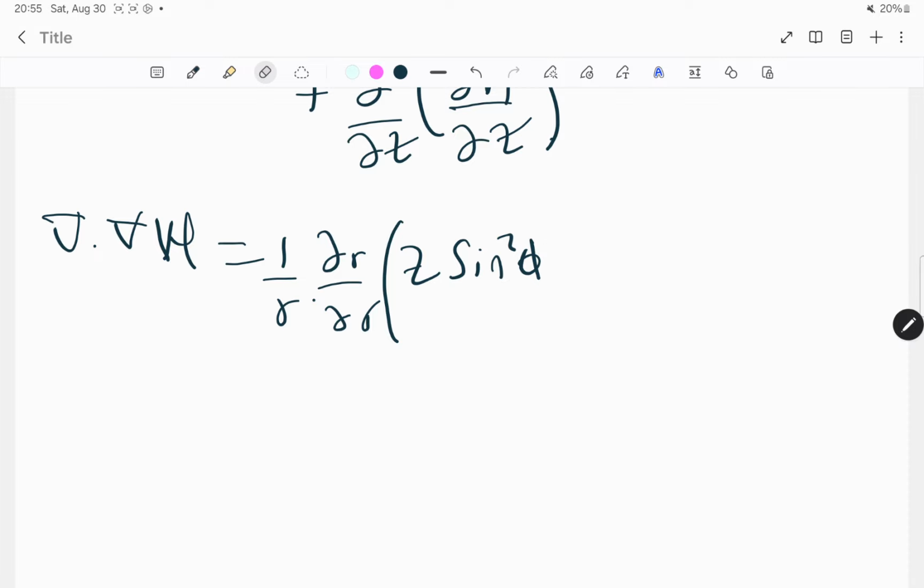Then plus 3R squared. So this is what we get.